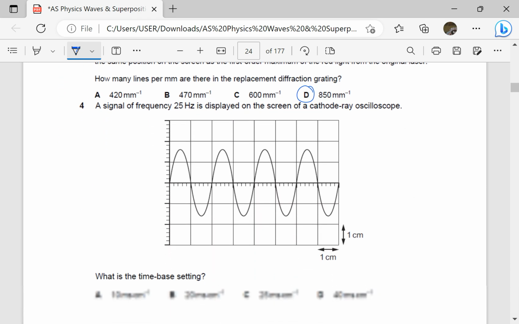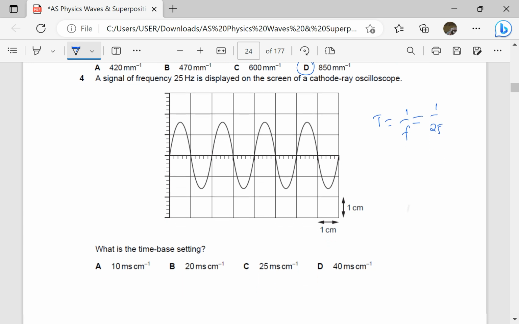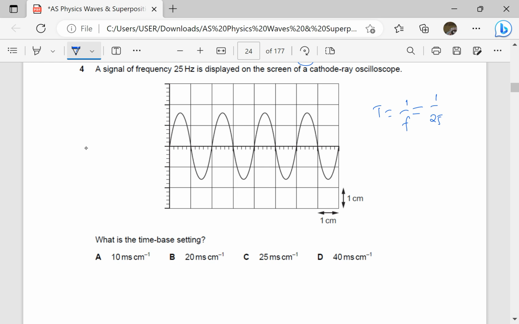A signal frequency of 25 Hertz means the period is going to be 1 over f, which is 1 over 25. That is the period. It is displayed on the screen of a CRO as illustrated here. What is the time-base setting?